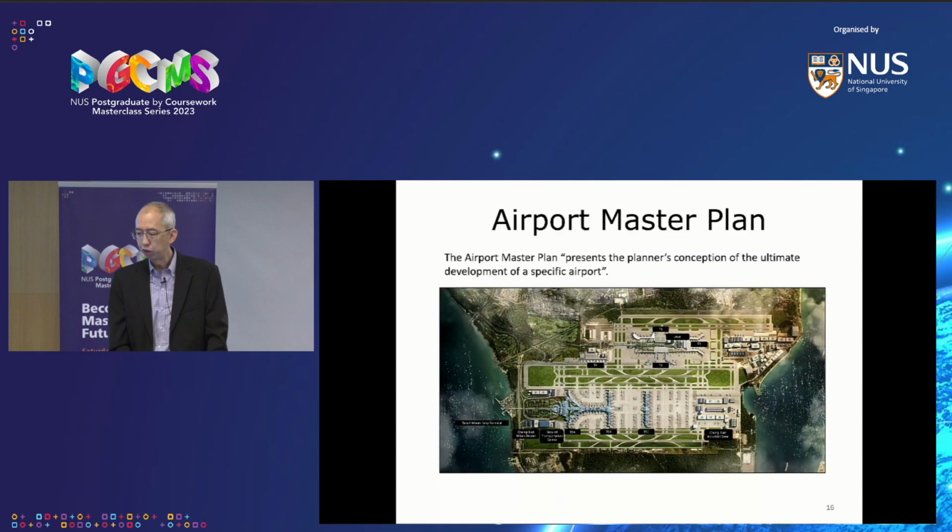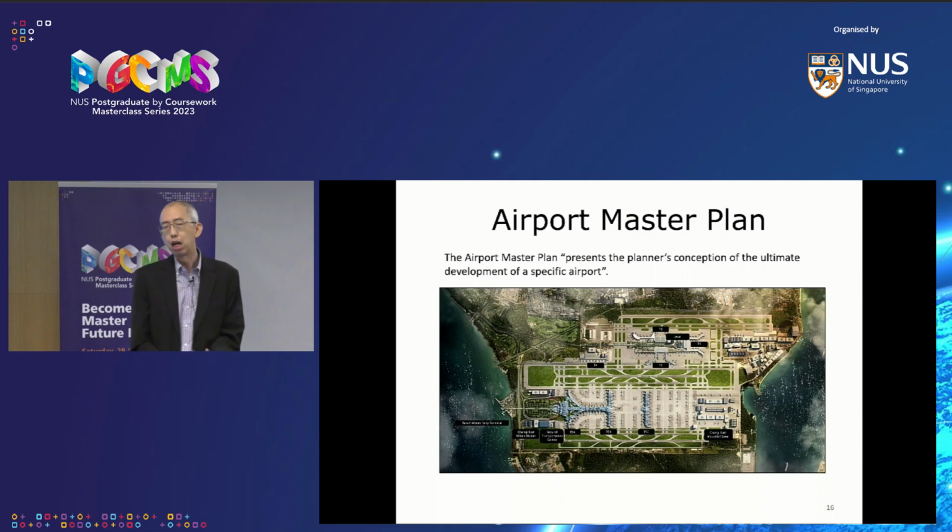So let's move on to the master planning process. So this is the Changi East master plan. So you can see this is a rendering that was released last year. So you can see the brand new Terminal 5 on the bottom left of the picture. So this is the ultimate view. So not everything will be built out right now.